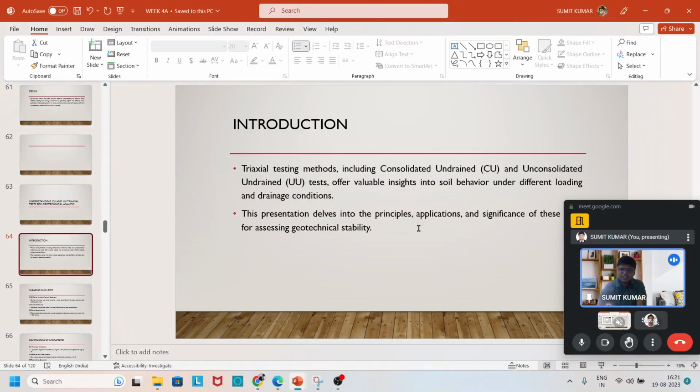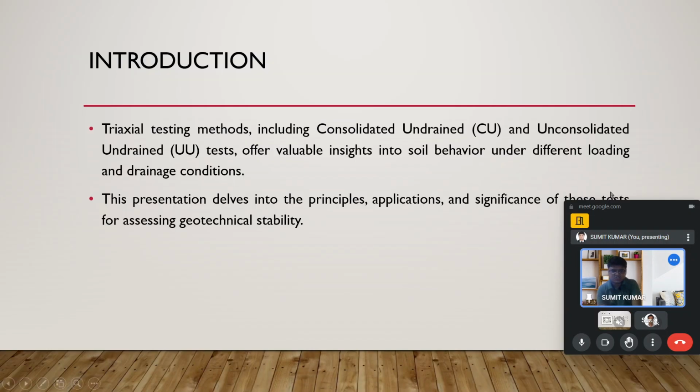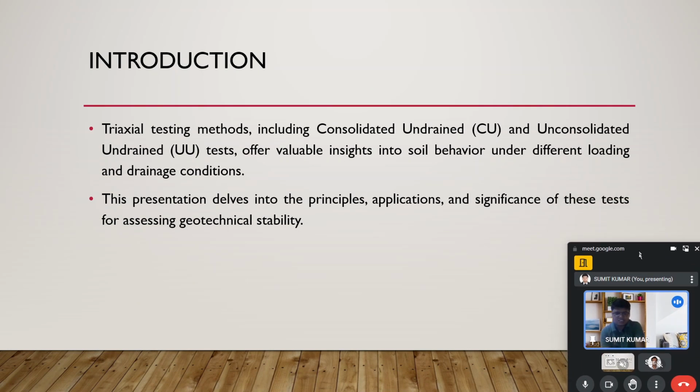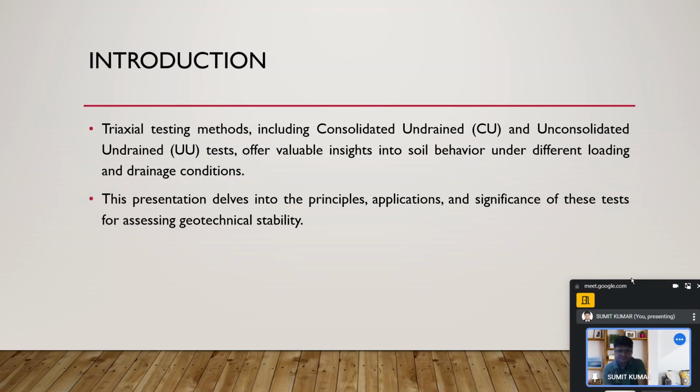You will develop the understanding that triaxial testing includes the consolidated undrained (CU) and unconsolidated undrained (UU) tests, which offer valuable insight into the soil behavior under different loading conditions.